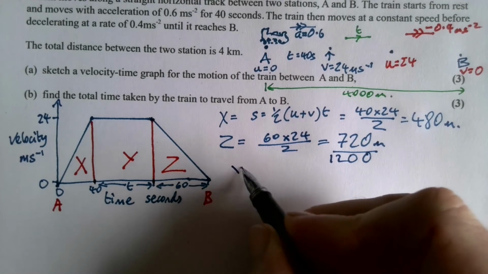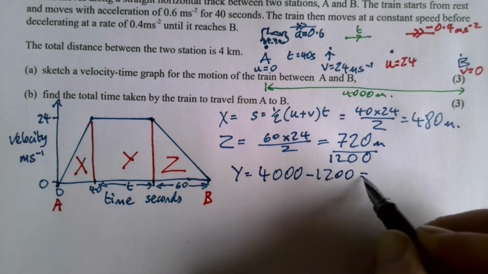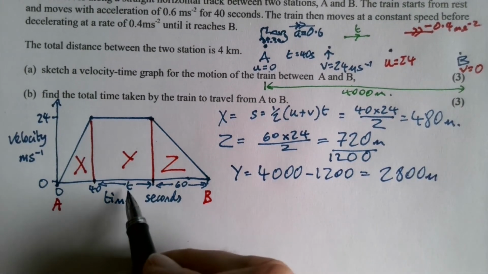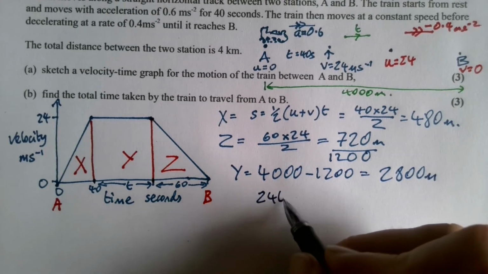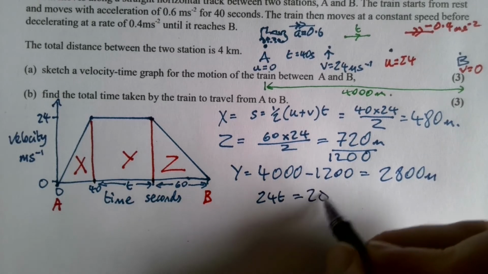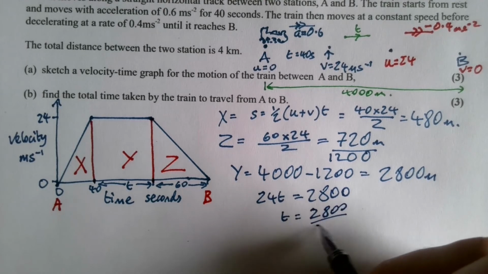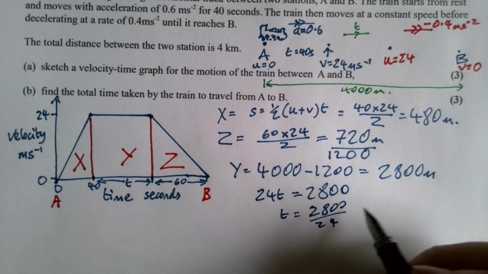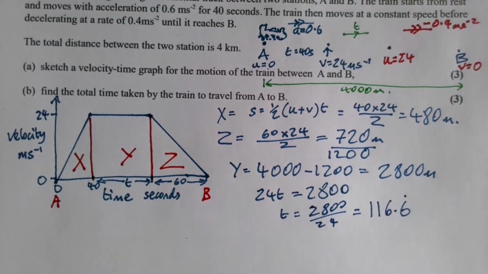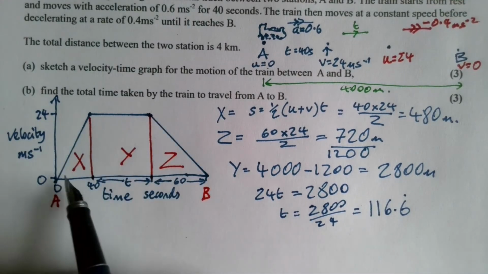So y must equal your 4,000 meters, take 1200, which is 2,800 meters, and 24 times t. Well, we know that 24t, 24 times the time, must make the distance. So t is going to be 2,800 over 24, which is 116.6 recurring.